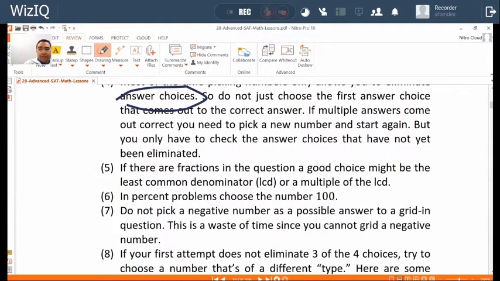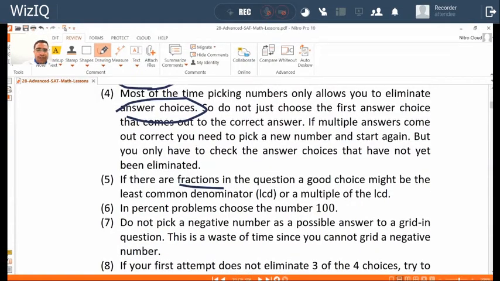Now, sometimes if you have fractions, if it tells you 2/3 of something, a good choice would be the least common denominator or a multiple of the LCD.